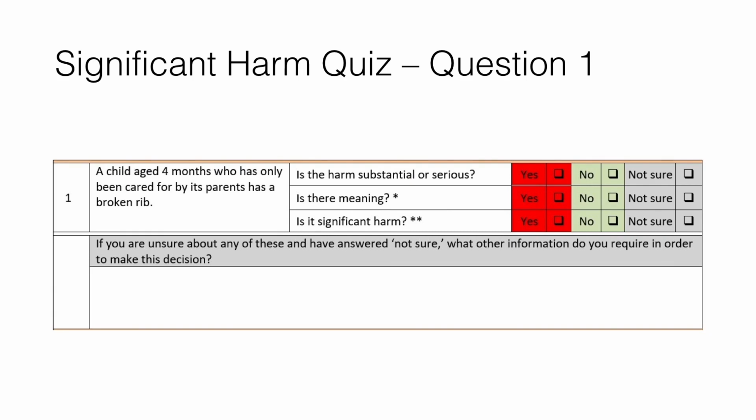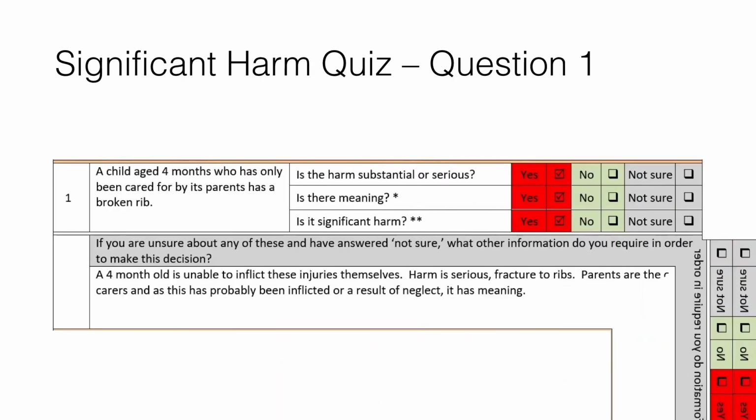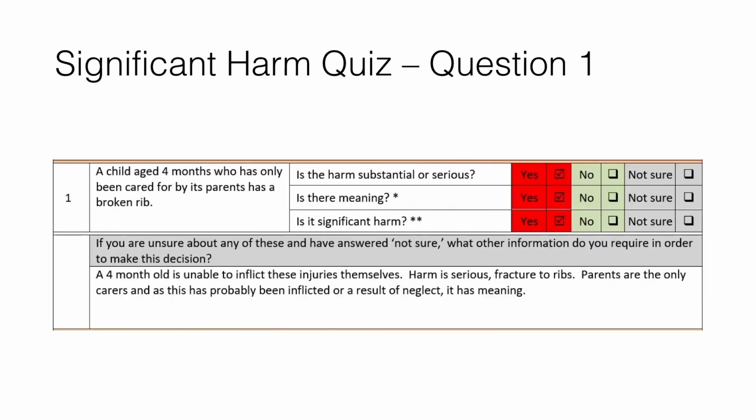Baby with broken ribs, only been in the care of its parents. What do you think? Is the harm substantial or serious? Is there meaning? Is it significant harm or likely to become significant harm? A baby cannot inflict these injuries themselves, so a fracture to the ribs is substantial, it is serious harm, so yes.